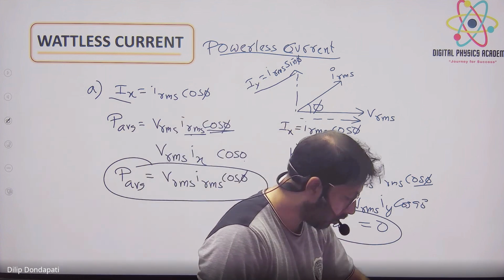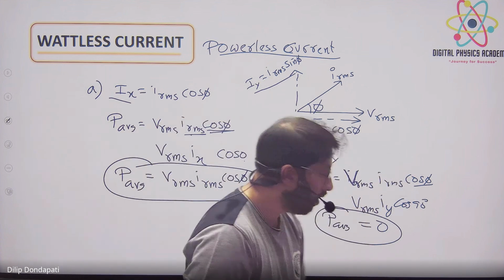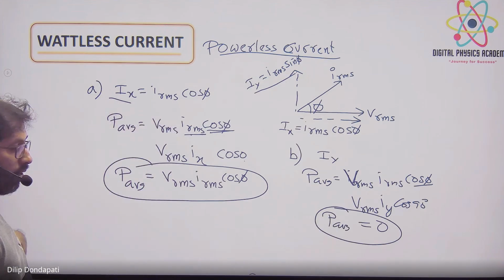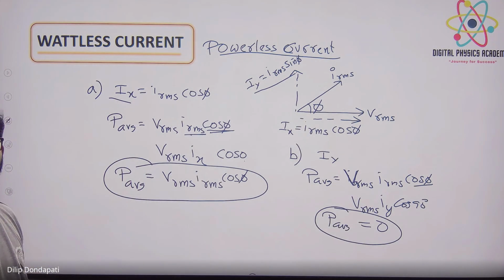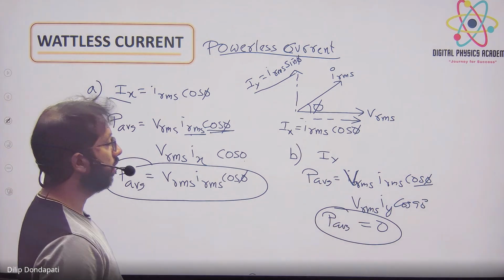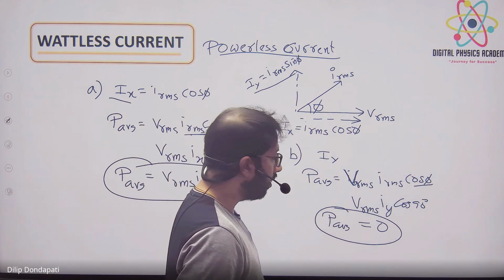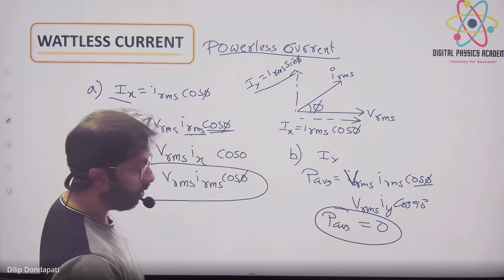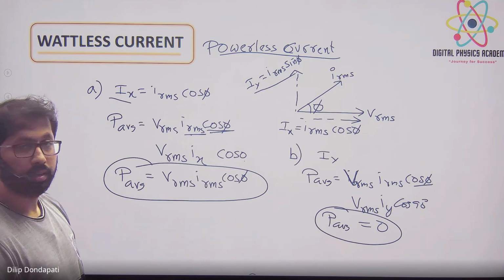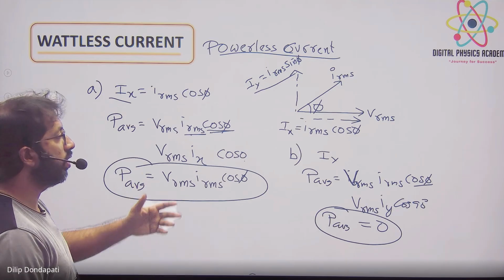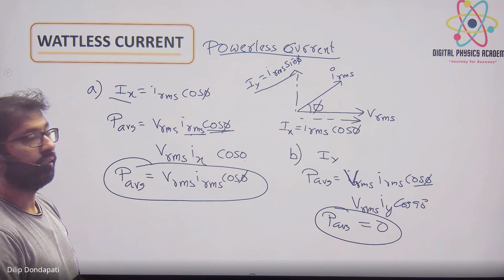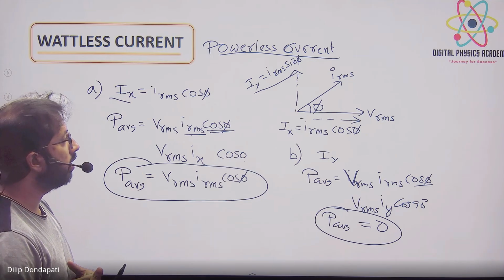Wattless current. So whenever they ask, write the definition of wattless current: component of current perpendicular to voltage is nothing but wattless current.